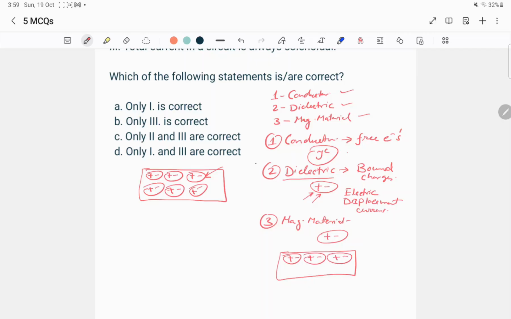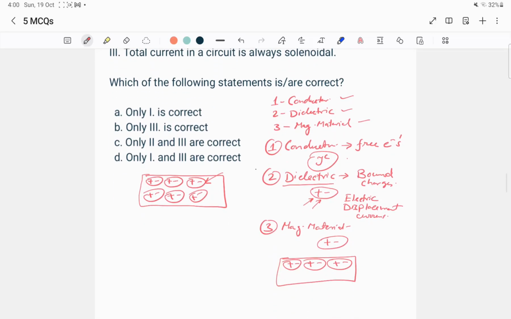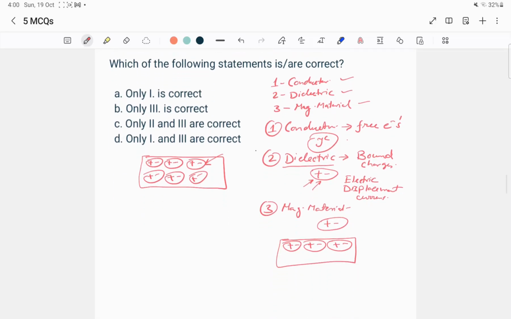When these magnetic dipoles tend to move, they constitute magnetic displacement current because they are not free charges, they are bound charges.